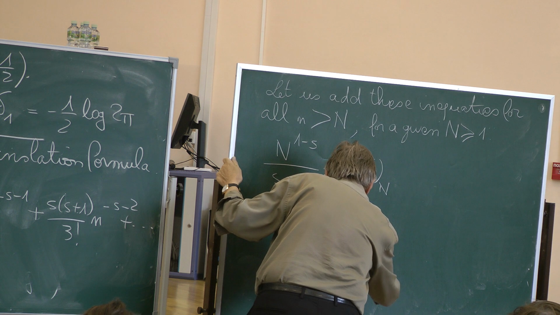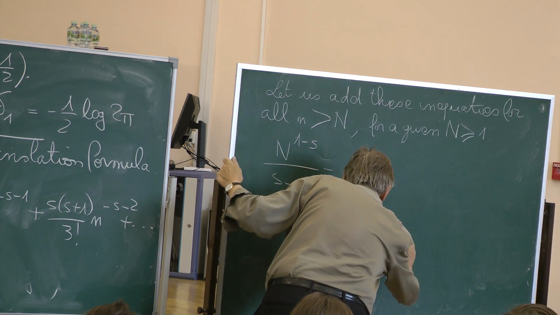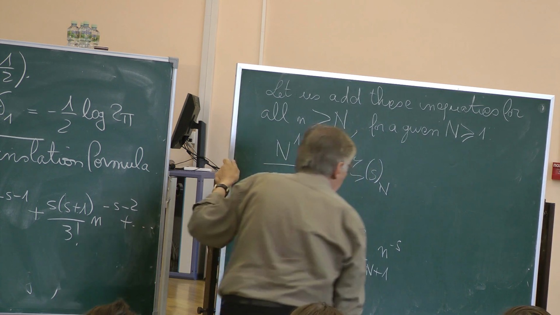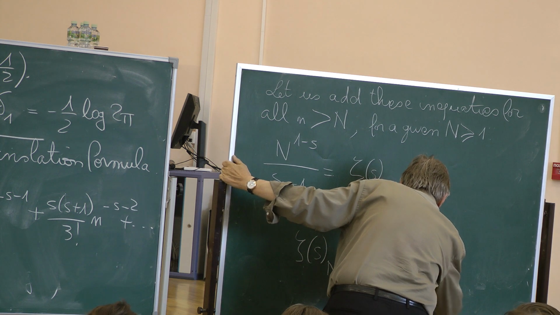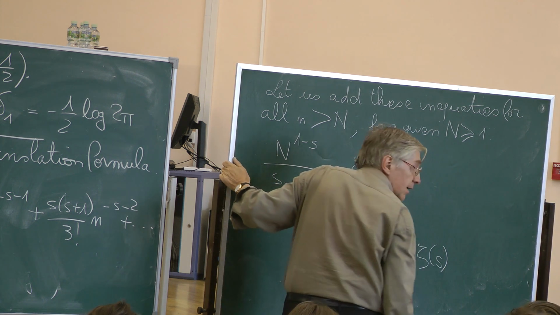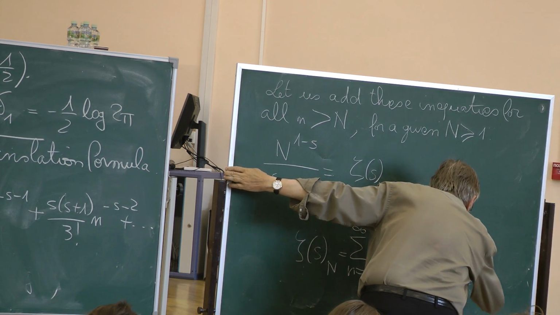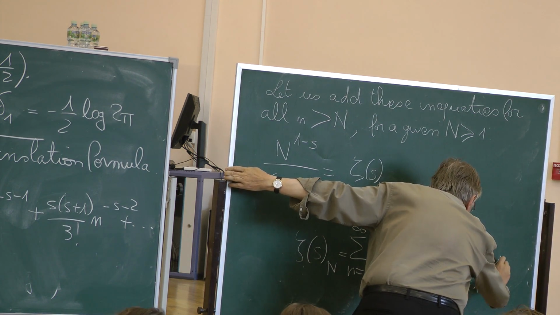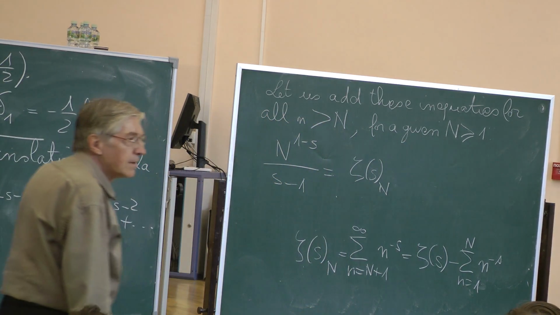It is just the sum of n to the minus s from N plus 1 to infinity. Or if you prefer, it is the same thing as the Riemann zeta function zeta of s minus the sum where you go up to N. So this is what I call zeta s index N.